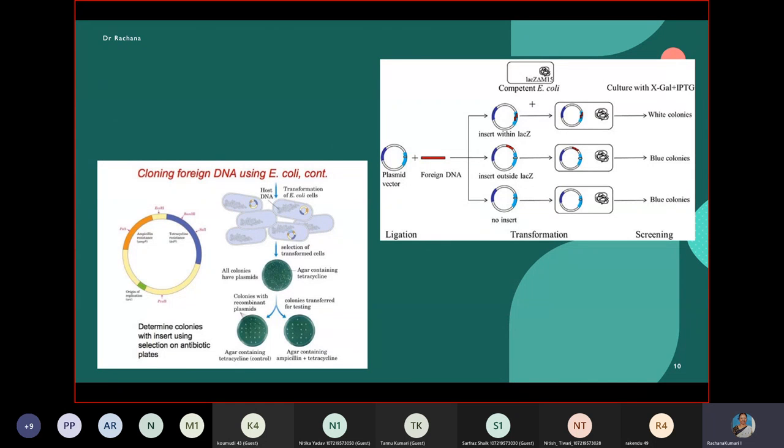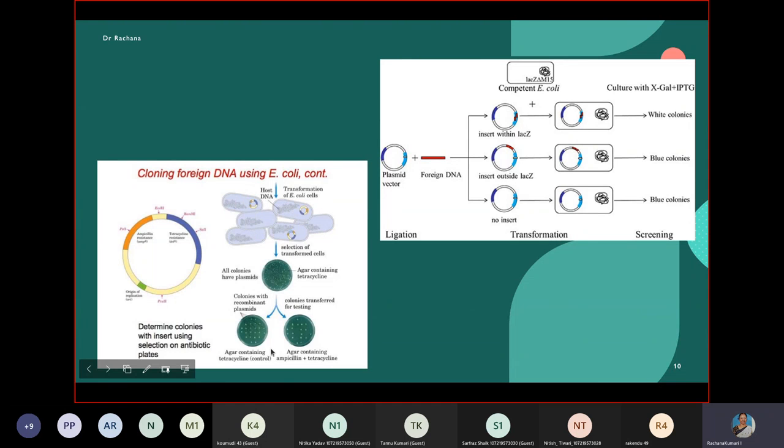As it is a random phenomenon and we don't monitor it through our naked eye, we cannot visualize that there are some bacterial cells which do not have the foreign DNA or the vector DNA. And in order to distinguish between those which consist of the inserted DNA and the non-recombinant ones, we use the strategy of selectable markers.